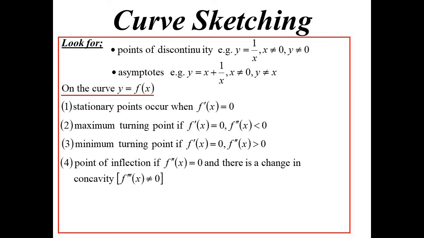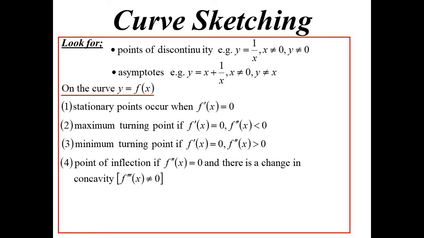If they ask me, or if I'm still not sure what it's going to look like, I'll investigate and look for points of inflection. And that's when the second derivative equals 0 and there's a change in concavity. And as I mentioned yesterday, the third derivative is a useful tool for that. But as with the first derivative, as with the second derivative, you can always draw up a table of values if the function is difficult to differentiate.